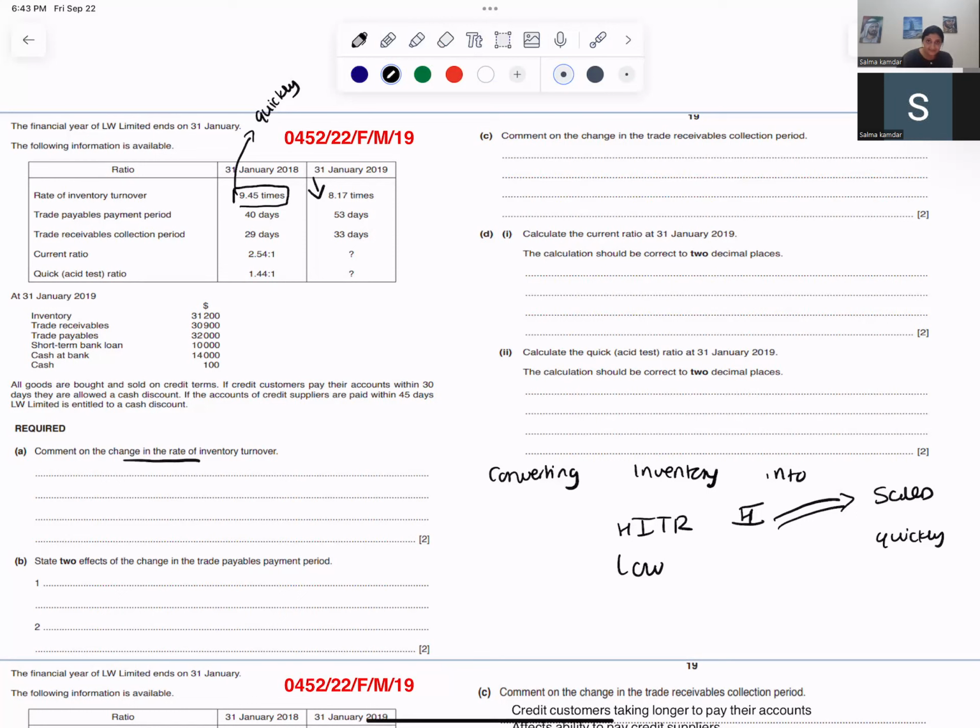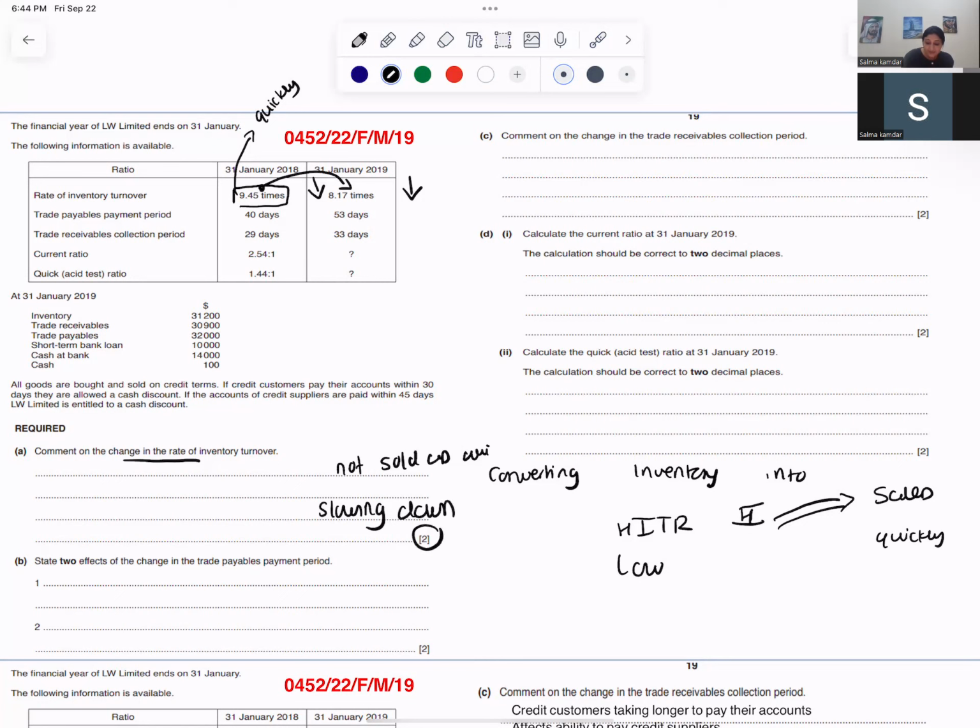It means that inventory is not sold as quickly as compared to the last year. Inventory turnover ratio has decreased from 9.45 to 8.17 times, and it may be as a result of slowing down of my sales activity.